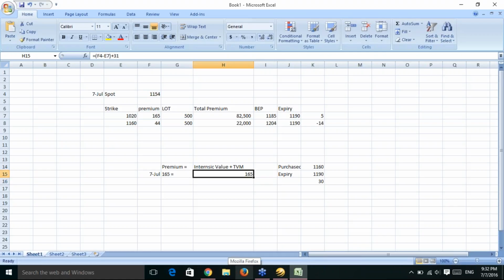So 31 is my time value. So 134 was my intrinsic value, and from the formula, the premium equals 165, for the same strike price, 1020.